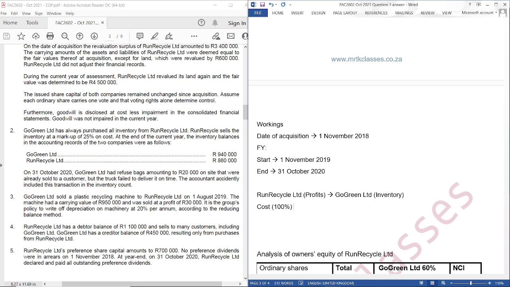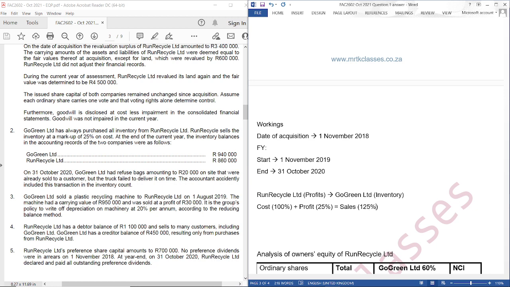Then profit is 25%, which means that sales are 125%.